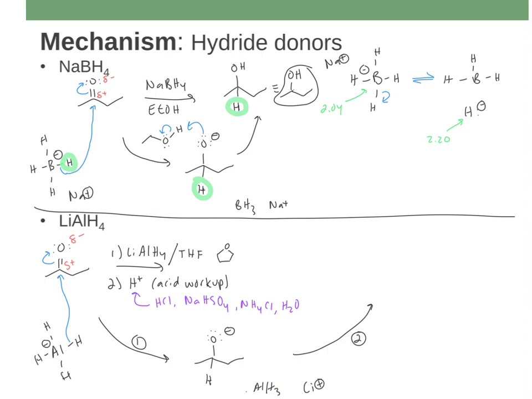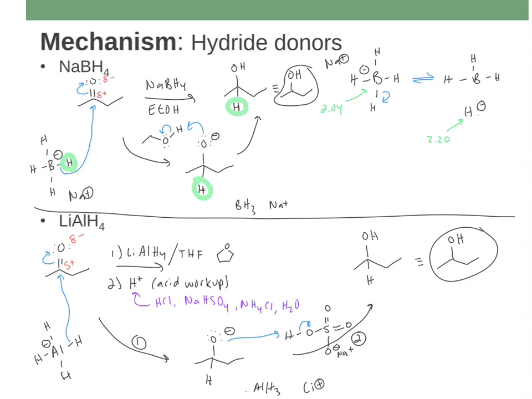So let's just say I used, for example, the sodium bisulfate, so I'll do O, S, double bond O, double bond O, O minus. So let's say I use that one. Doesn't really matter which one, you just need to have a proton source so that you get your product. Which again would be the exact same product as before.